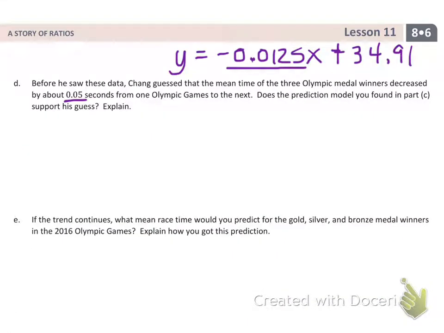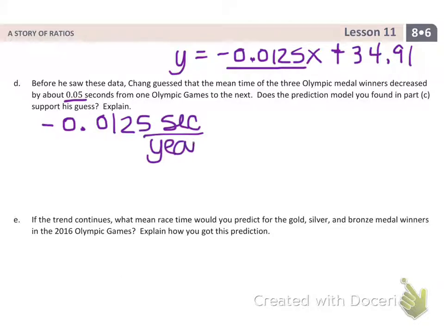So let's look at the slope. What our slope is telling us is that we have a decrease of 0.0125 seconds every year. Okay? But the next Olympic Games only comes along every 4 years.